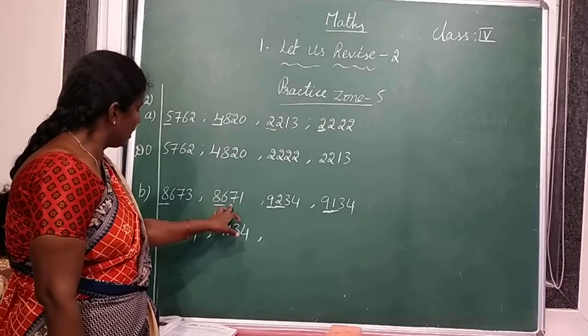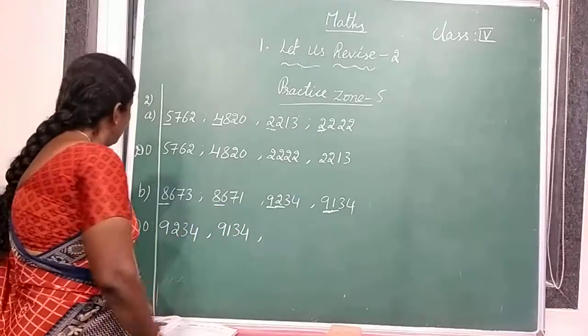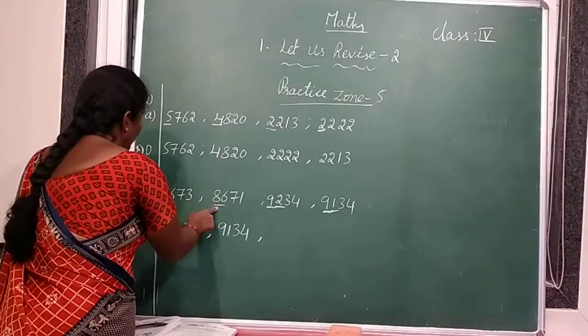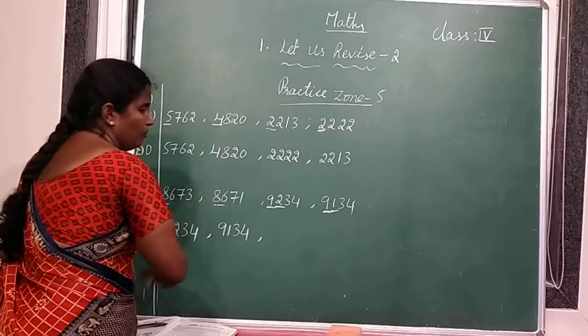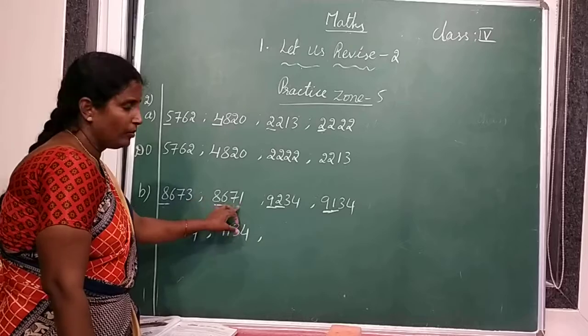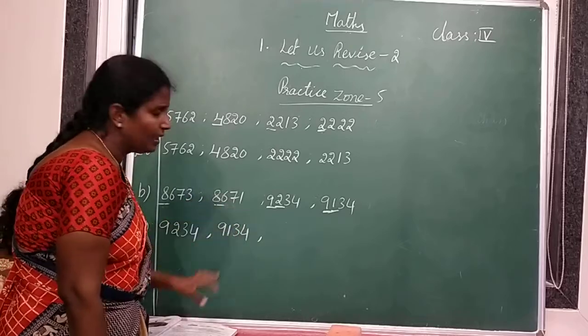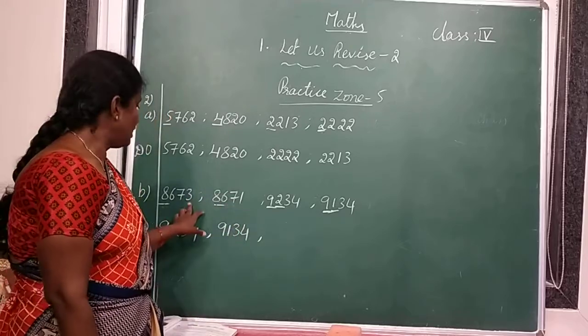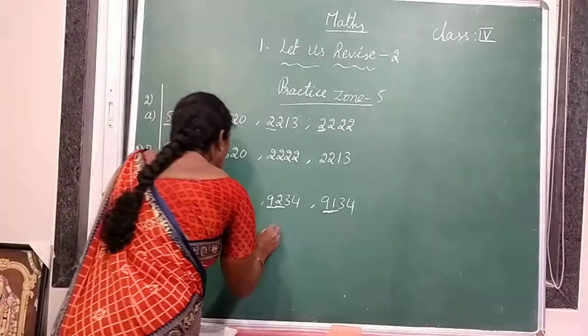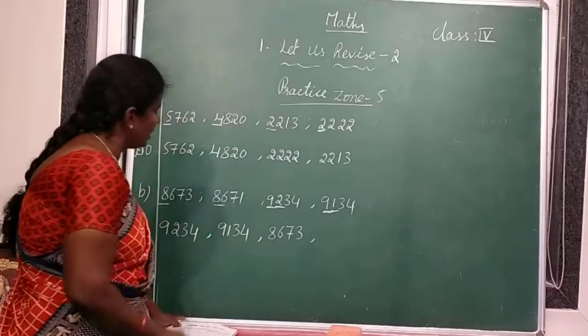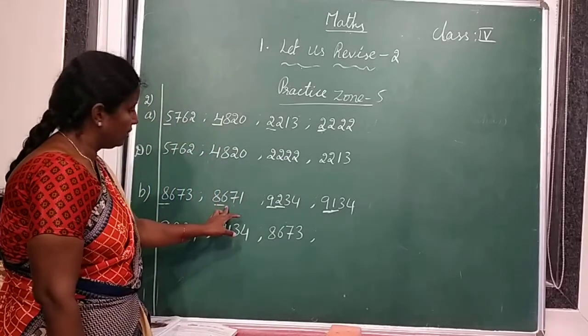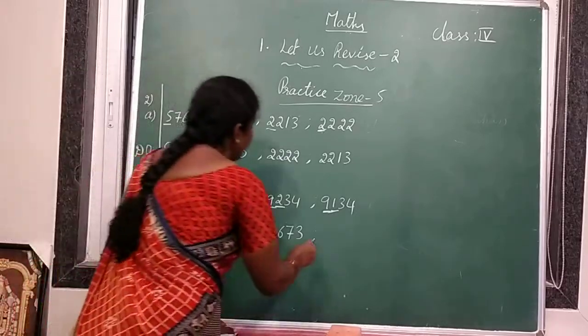Next 8673, 8671. So 8 8 is same. 6 6 also same. 7 7 also same. 3 1. So 3 is greater or 1 is greater? 3 is greater. So 8673 is greater. After that 8671.